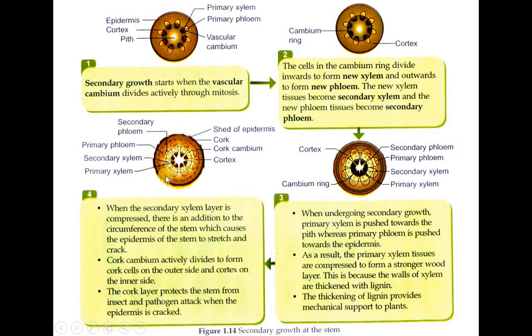This cork cambium will divide actively to form cork cells on the outer layer, and on the inner layer it will produce cortex. The cork layer protects the stem from insect and pathogen attack when the epidermis is cracked. So this is the cork.